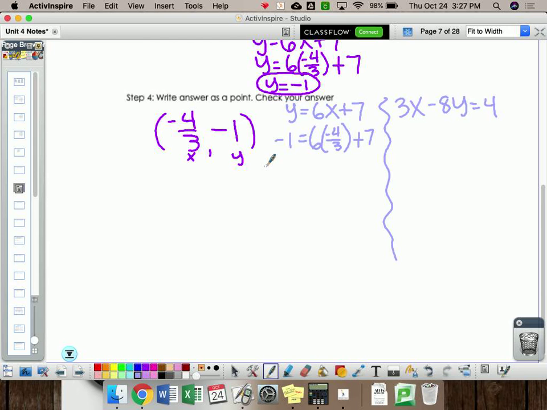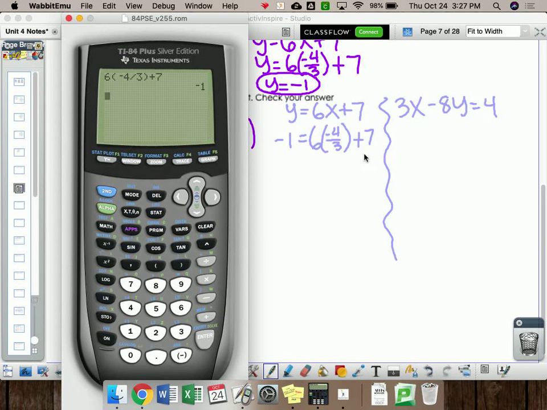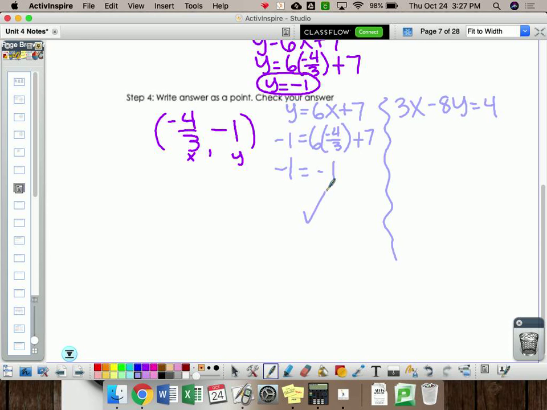So let's make sure that that works for our equation. So I'm going to plug this right side of my equation into my calculator. 6 times -4/3 plus 7 is equal to -1. So I know that this works for my first equation.